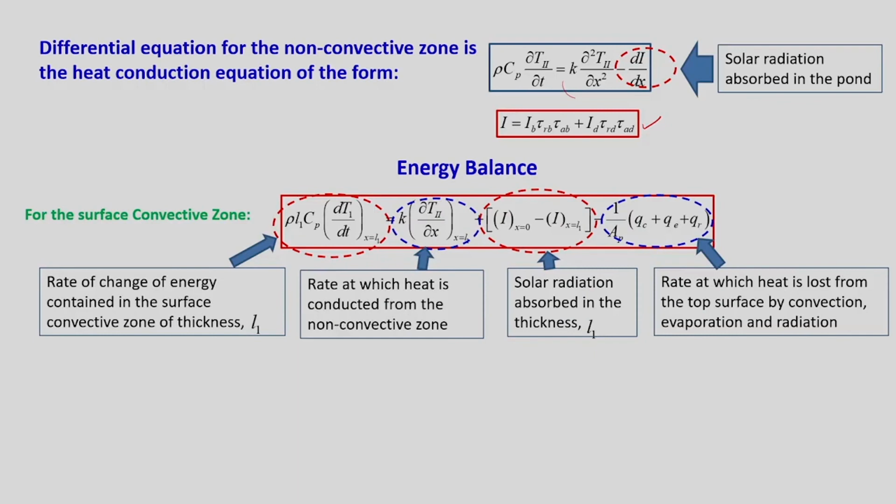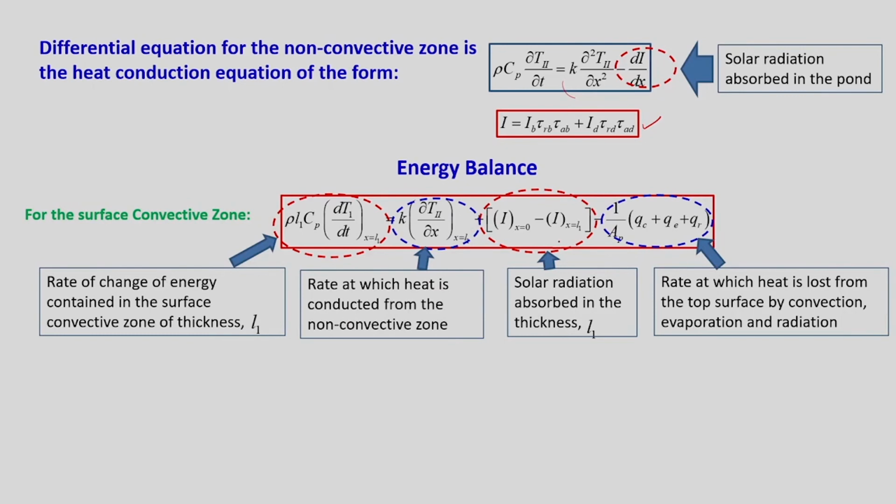This is the expression for the upper convective zone. Here, rho L1 Cp dT1/dt represents the rate of change of energy contained in the surface convective zone of thickness L1, and k dT/dx at x equal to L1 is the rate at which heat is conducted from the non-convective zone.